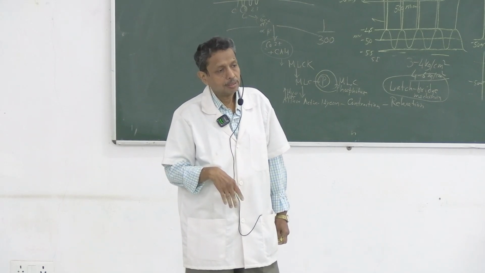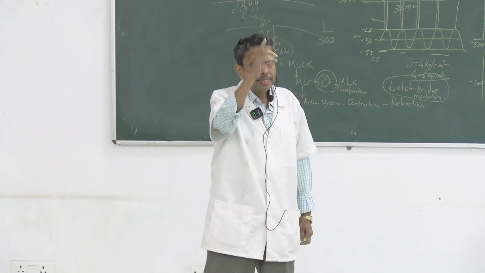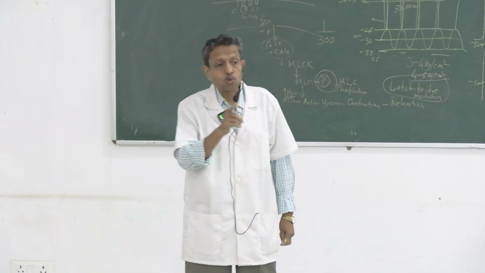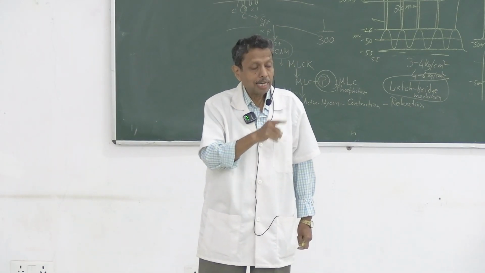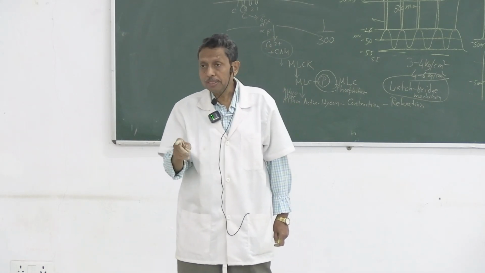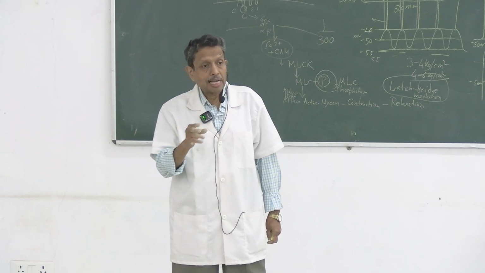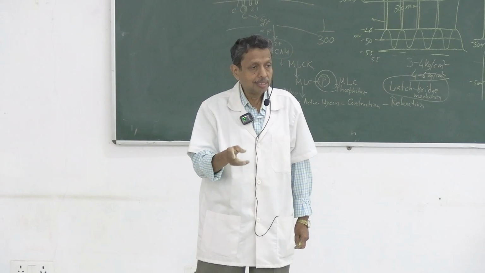So this is the case, and in skeletal muscle, troponin is present here. In smooth muscle, troponin is absent and its role is taken by calmodulin. The calcium-calmodulin complex causes the activation of myosin light chain kinase, which acts on the myosin light chain.